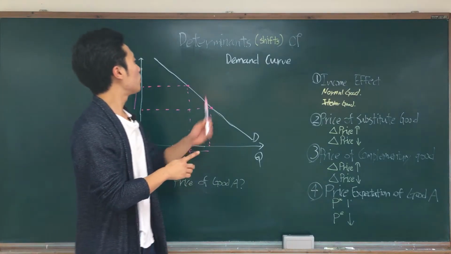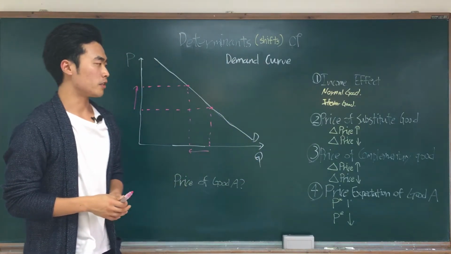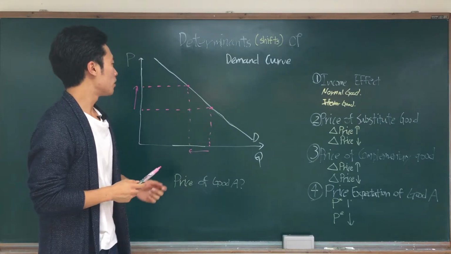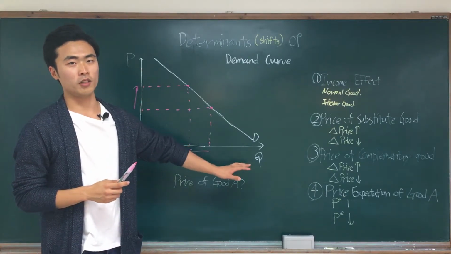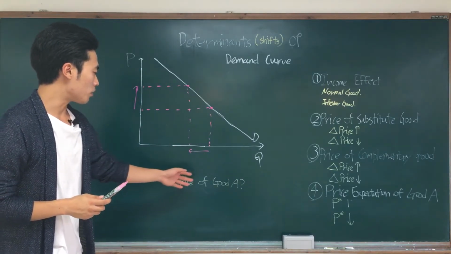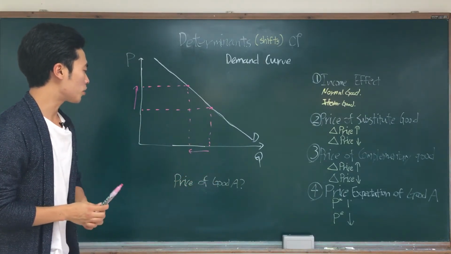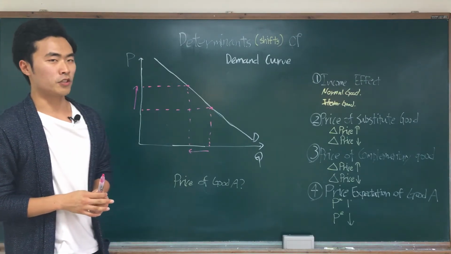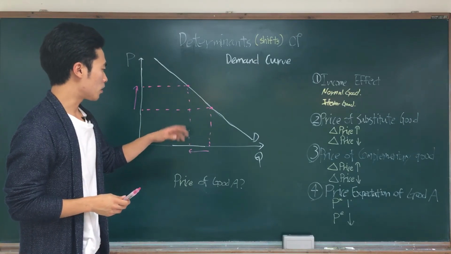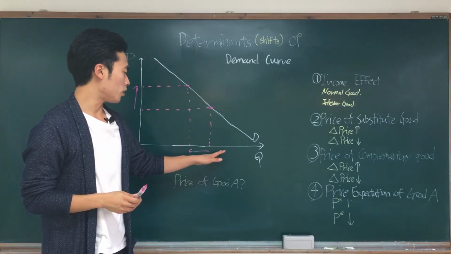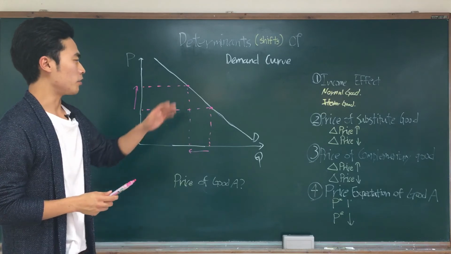The shift of the demand curve is about the changes in the relationship between the price and the quantity. So the price of good A itself does not change the relationship at all. There is just a change of the quantity demanded, not the relationship itself.